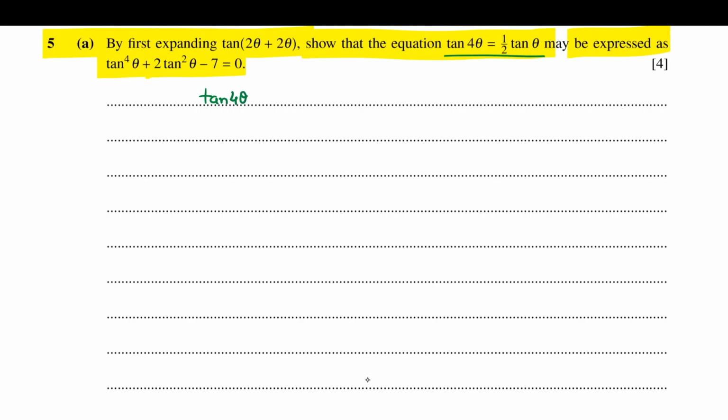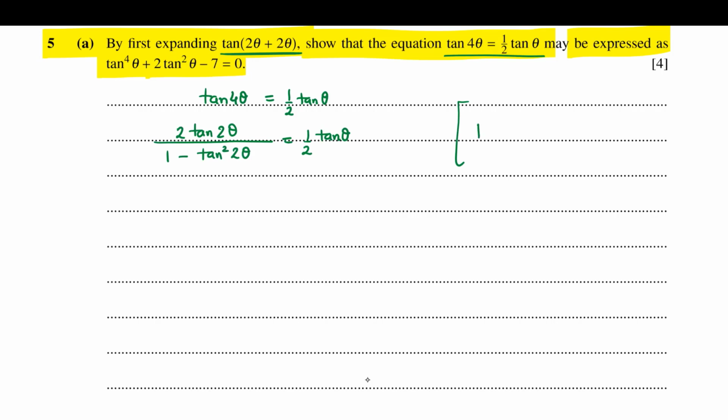So we have this as a condition, tan 4θ equals half of tan θ, and we need to expand tan 4θ. By expanding we will get 2 times tan 2θ over 1 − tan²2θ equals 1 over 2 tan θ.